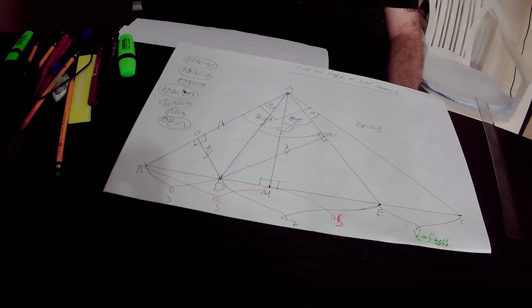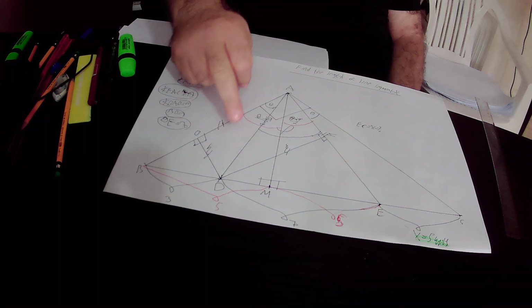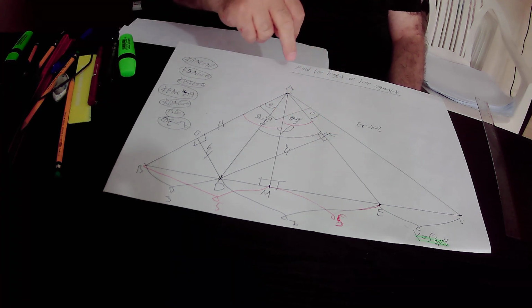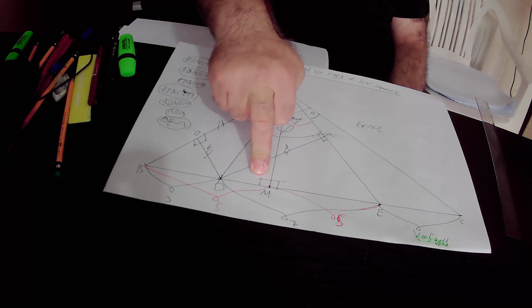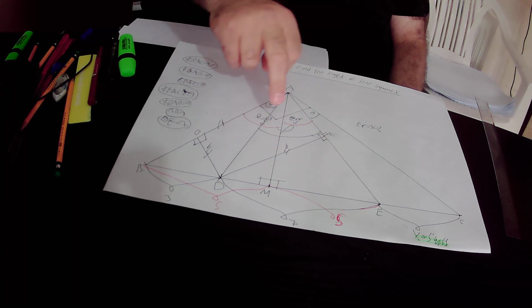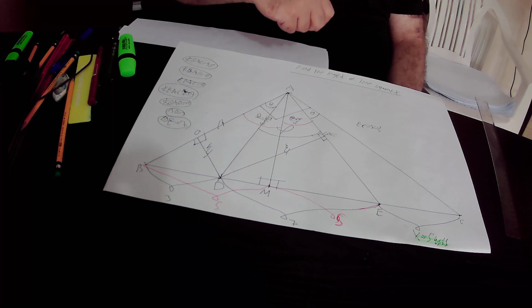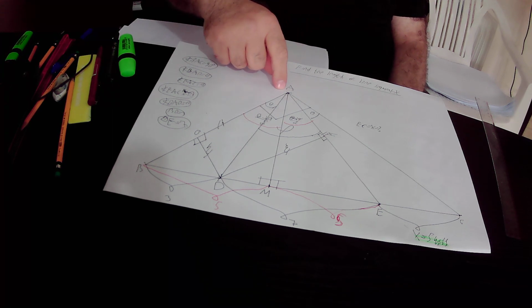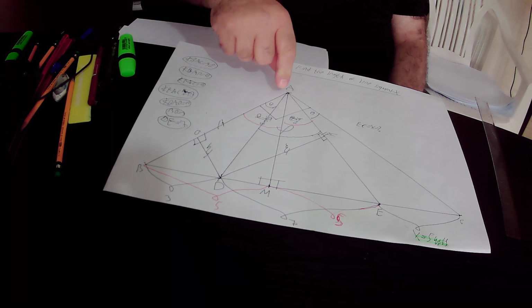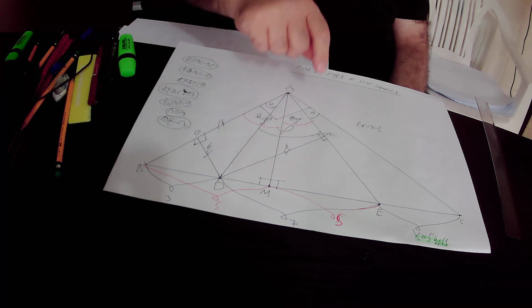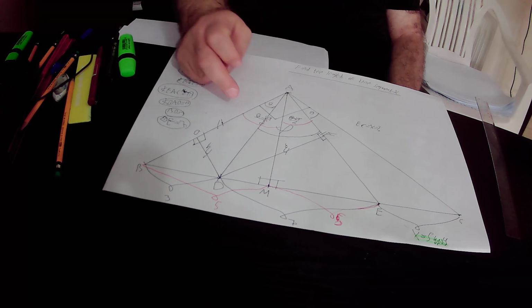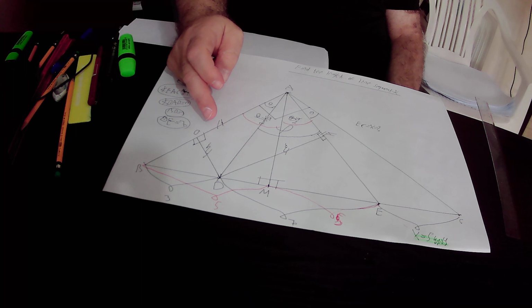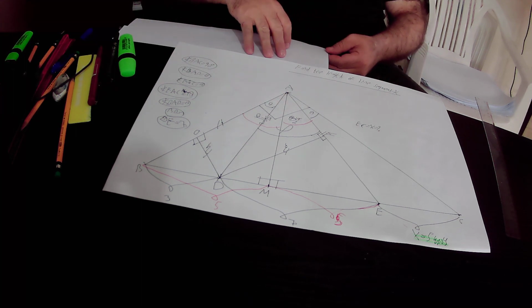So first of all, we define angle DAE as alpha, and from point A we draw a perpendicular to BC. So this angle equals 90 degrees, and this angle also equals 90 degrees. We define the touching point of the perpendicular from point A to BC as M, and then we calculated the ratio between the area of triangle ABD and triangle ADE.